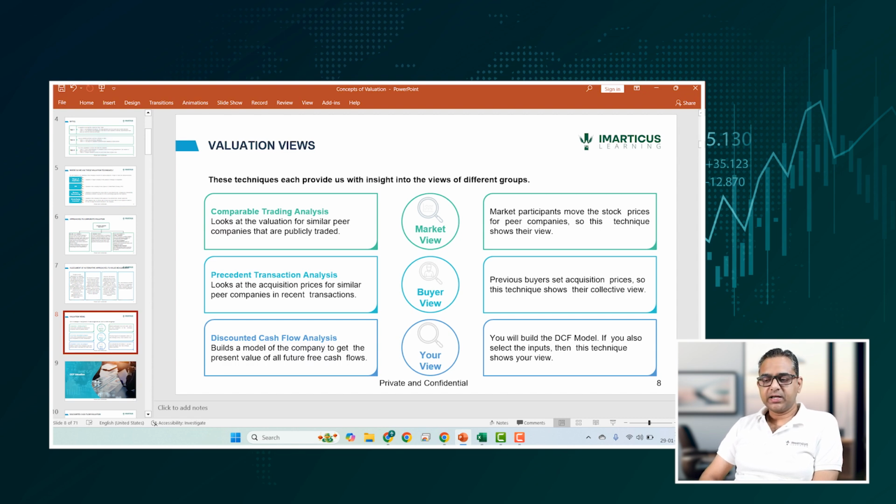Precedent transaction analysis looks at the acquisition prices for similar peer companies in recent transactions. So here we are focusing on the buyer's view. At what prices the buying or selling happened, at what prices who paid for which asset. So what was the buyer's view?